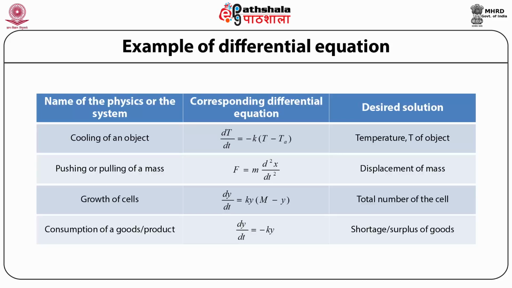Whenever there is a decrease, we use a minus sign. Growth of cells is going to grow, so we use a plus sign. The force will always cause an increase in displacement, so we use a plus sign. Cooling of an object reduces the temperature, so we use a minus sign. And the shortage is again going to be a minus sign.